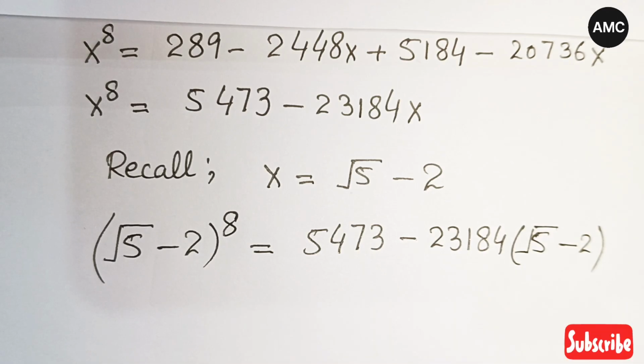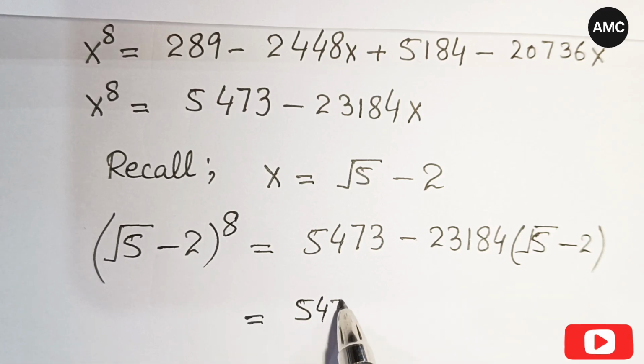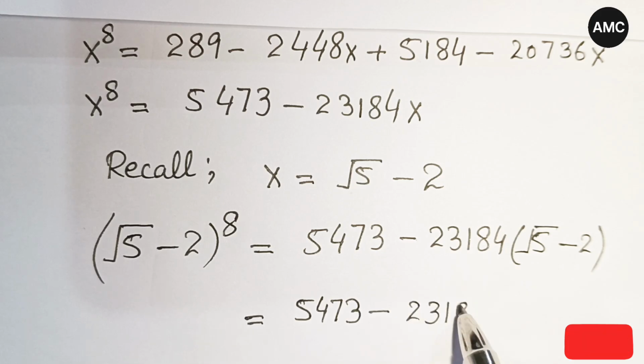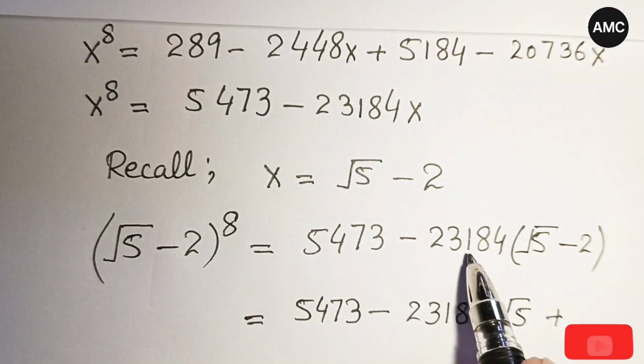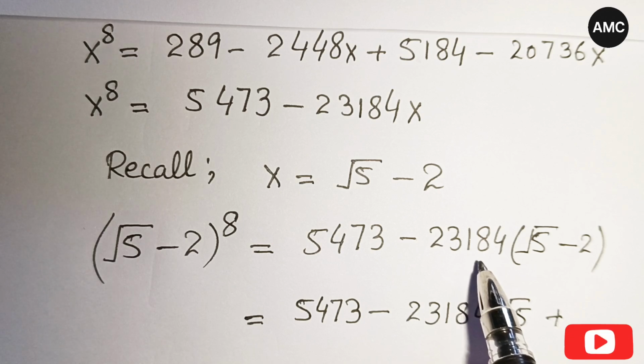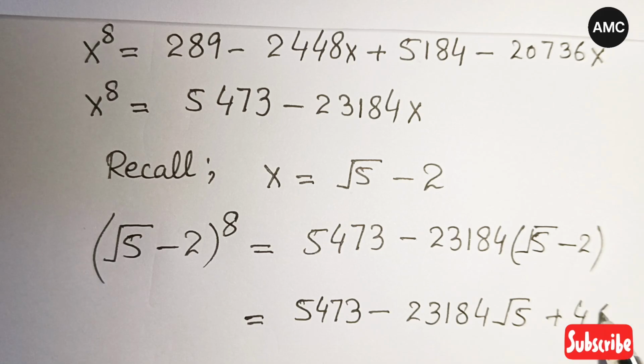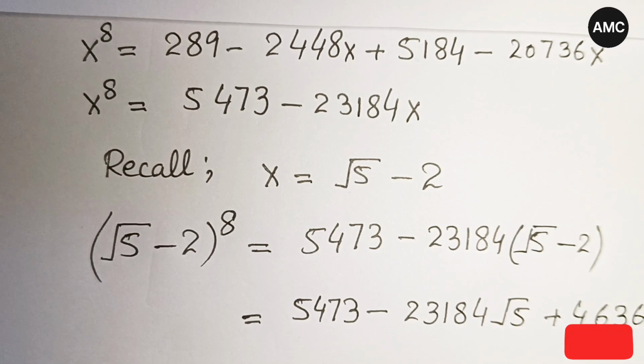Now multiplying this into the parentheses, we have 5473 minus 23184 times square root of 5, and minus times minus is plus, 2 times 23184, we have 46368.